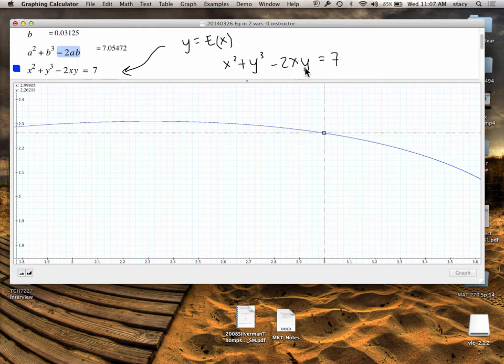And this 2xy is a product of 2 functions of x, right? The first function would be 2x, and the second function is y. So let's see about applying all of the rules that you guys have memorized for tomorrow's mastery test.